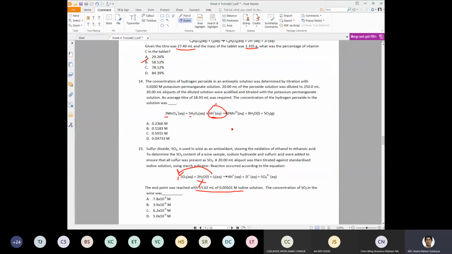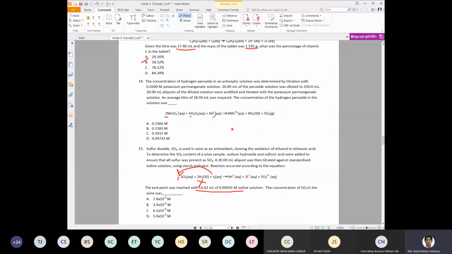It says that we have to find out the number of moles or concentration, the percentage concentration of hydrogen peroxide in a solution. Hydrogen peroxide is also used as an antiseptic and cleaning agent because it's an oxidizing agent. But in this case, it's different because permanganate is a much stronger oxidizing agent.